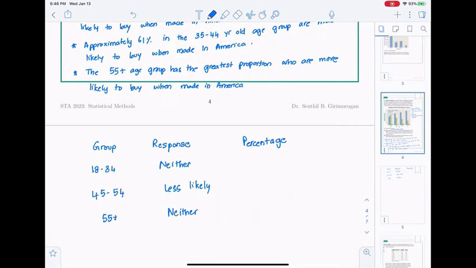And in the age group 55 and above, what is the proportion that people wouldn't care if it said Made in America or not? In other words, a neither response.